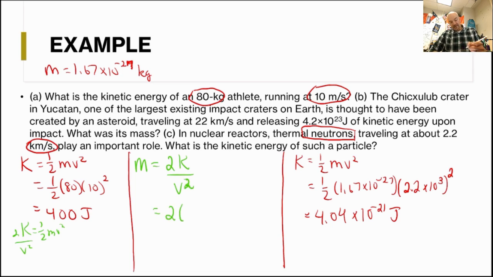So we have 2 times 4.2 times 10 to the 23 joules divided by 22 times 10 to the positive 3 meters per second, squared. Putting that in our calculators, we find the mass of this asteroid that struck the Yucatan Peninsula is 1.73 times 10 to the 15th kilograms.